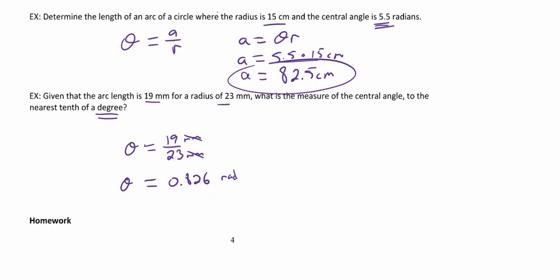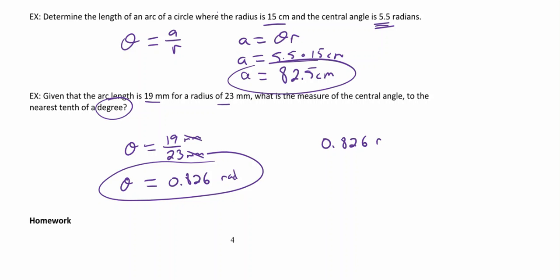Now that you know, maybe that might even be one of your answers on your multiple choice, to see if you understood. It wants it in the nearest tenth of a degree. So we have to use the trick we did above and convert this from radians into degrees. So this would be 0.826 radians, if I want, just to make this look right, times 180 degrees over pi.